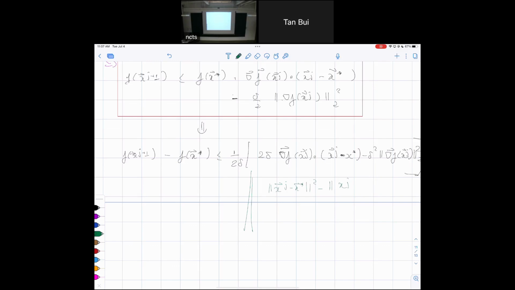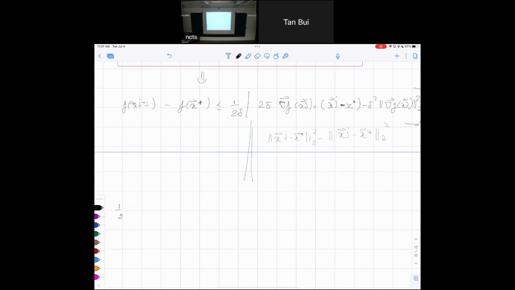So if we do that, then the left-hand side would be equal to 1 over 2 delta of xj minus x star squared, minus xj minus x star squared.